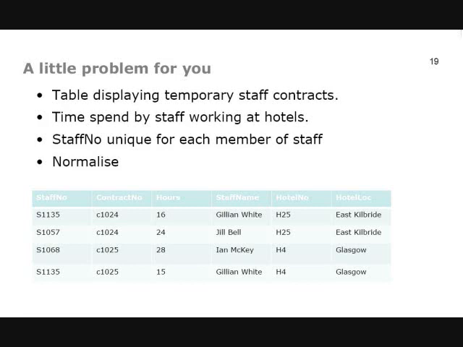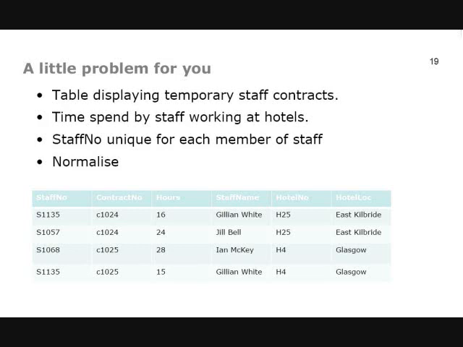So it's going to be a staff number and contract number together, because you have the same staff appearing more than once. Okay? So staff number alone is not the primary key, but a staff number and contract number might be the primary key. So if that is the primary key, these things are fully functionally dependent on the key, but the staff number is not fully functionally dependent.